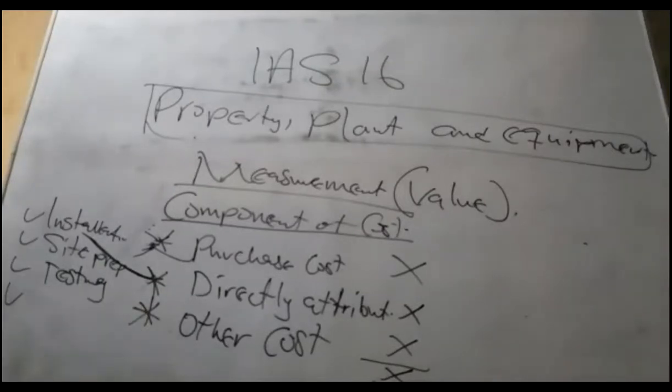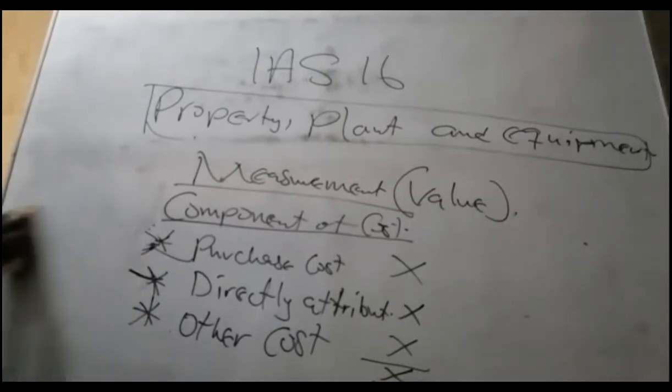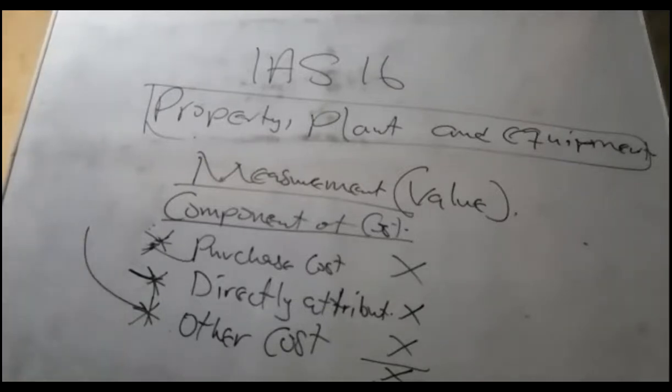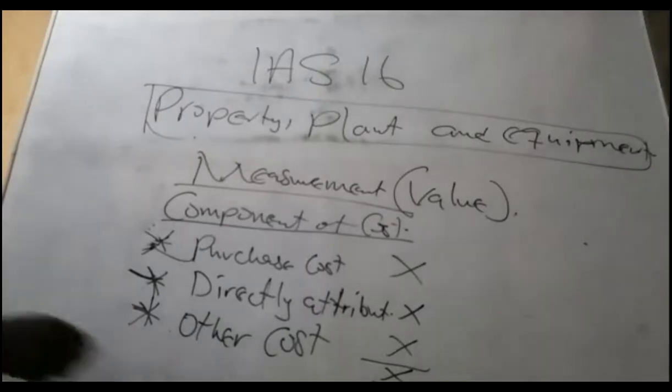Then any other cost. That one we can mention something like this: one, dismantle cost, decontamination cost, site restoration cost, environmental pollution. Good. So let's list them.